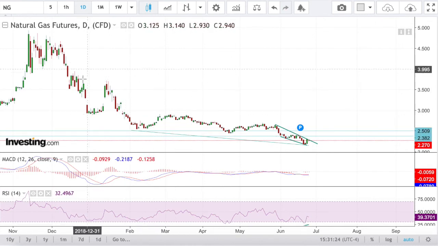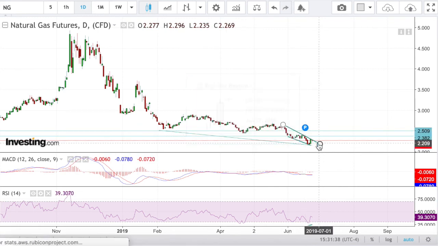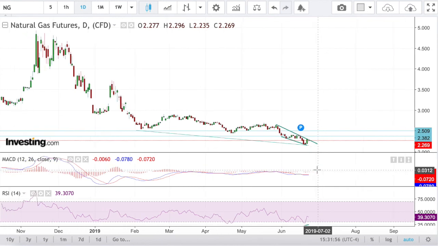I think going short on natural gas here is not a very good idea, just because of how overextended we are. So definitely waiting for those long trades again. That short-term trade on the hourly chart is a very good one to have. So just watch for that break of trend line, and then we'll see where we end up on the two targets. And on the daily, again, waiting for the MACD to cross up the zero line.